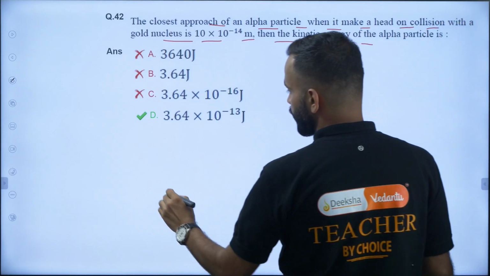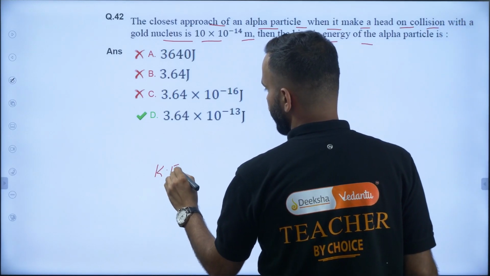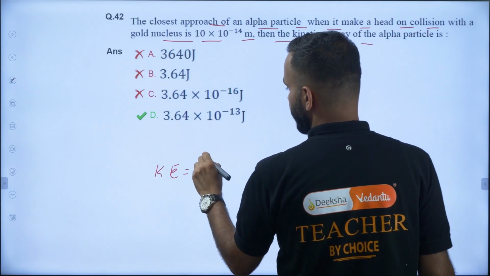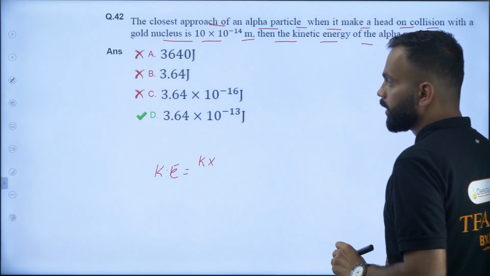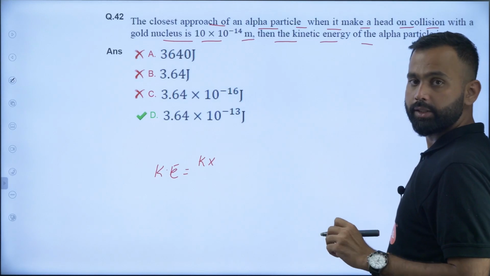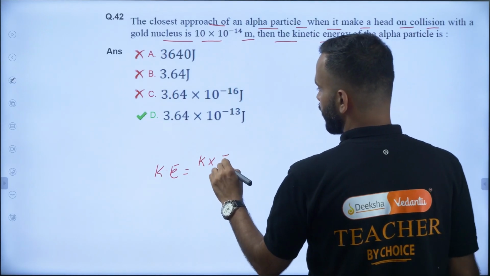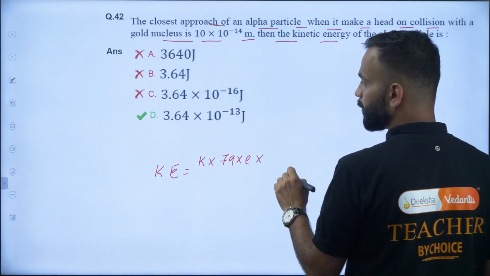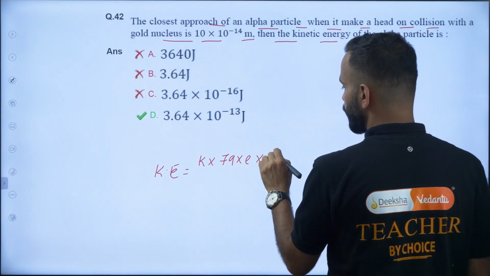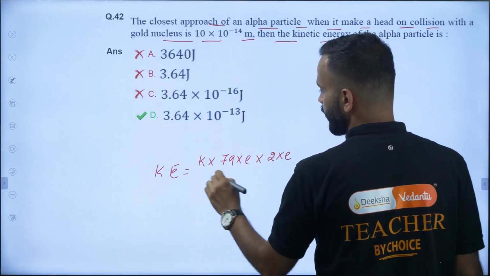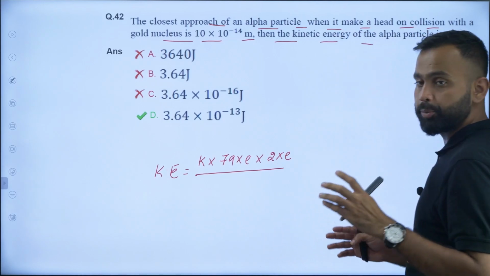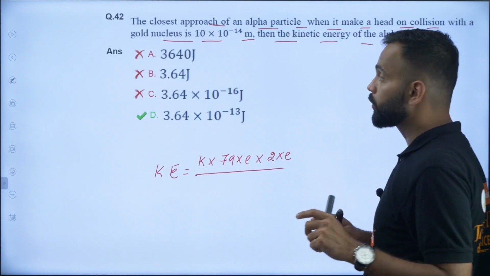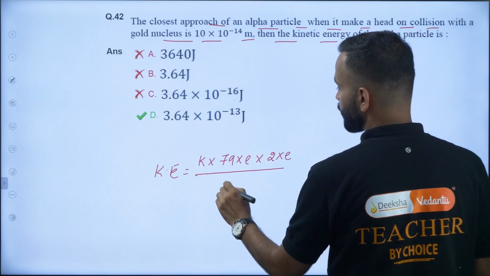So now the kinetic energy of the alpha particle is equal to the potential energy, that is K into Ze, Z is 79 for gold, right? 79 into e, into, for the alpha particle it is 2e, so 2 into e divided by the distance between the gold nucleus and the alpha particle, that is the distance of closest approach, 10 into 10 to the power minus 14, that is 10 to the power minus 13.